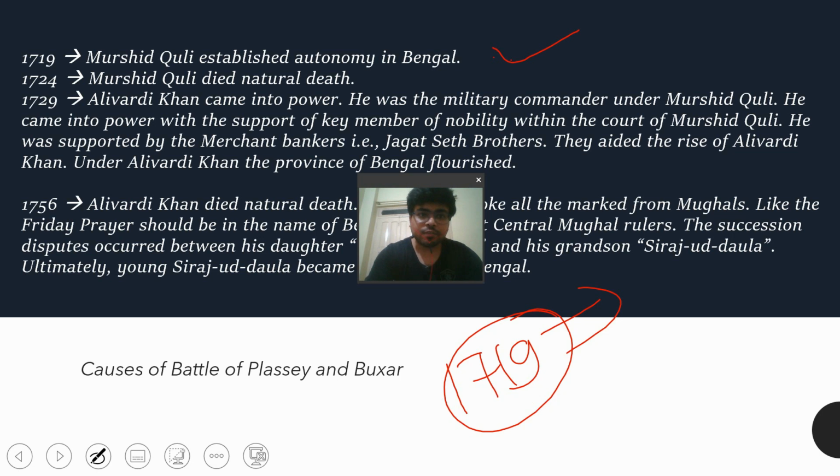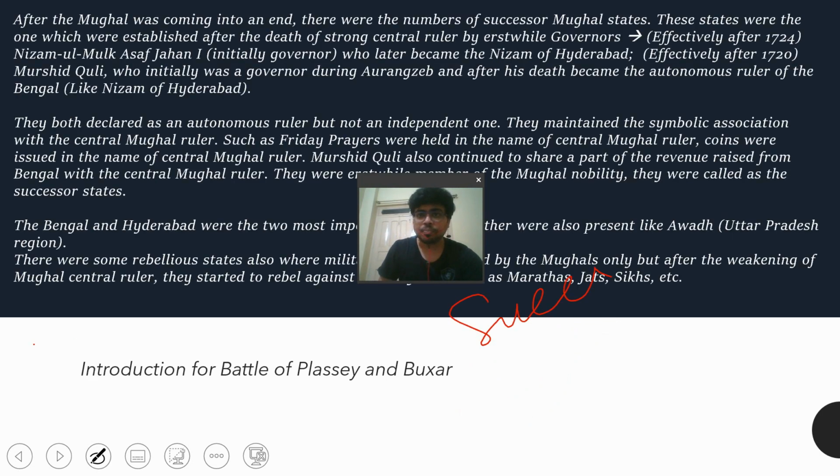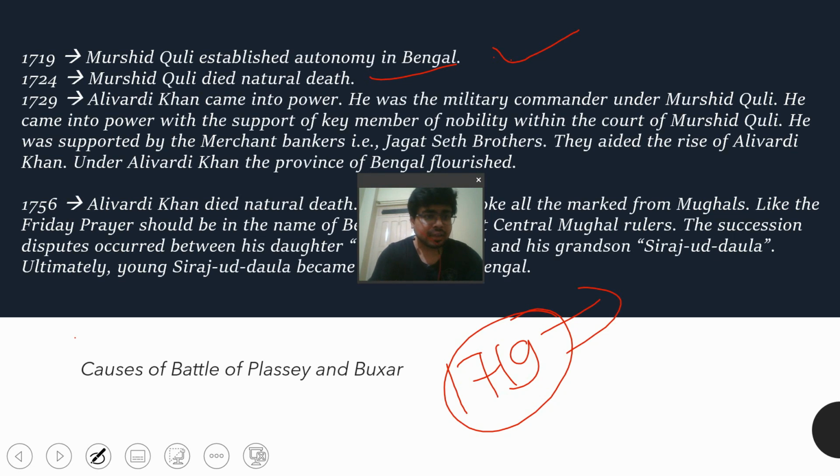In 1724 Murshid Quli died a natural death, for the Bengal region only. Right now I am building a background for Plassey, and Plassey is the background for Buxar. He died in 1724 and it was a natural death; nobody killed him.